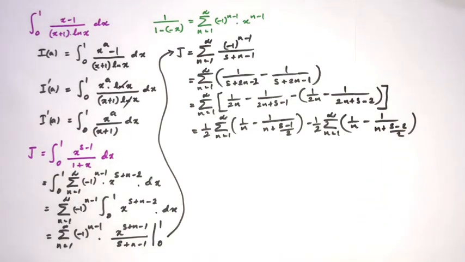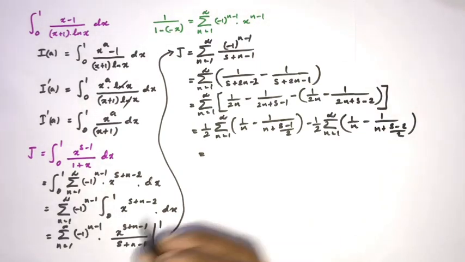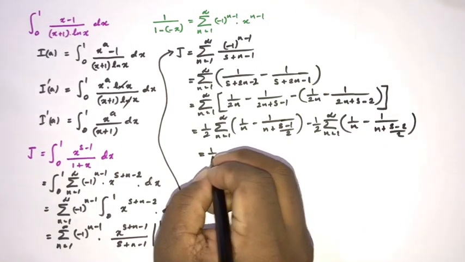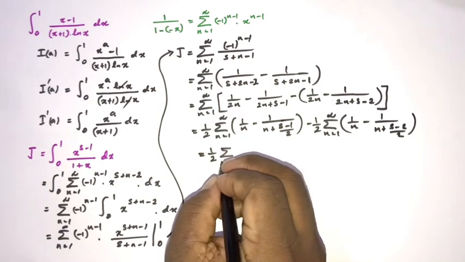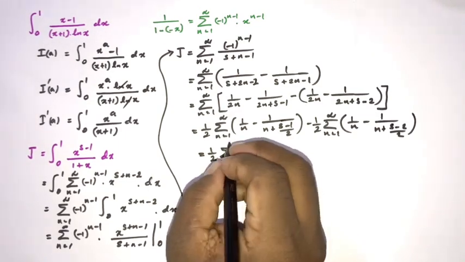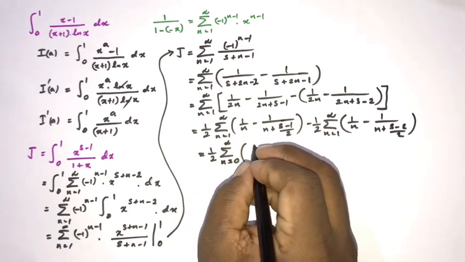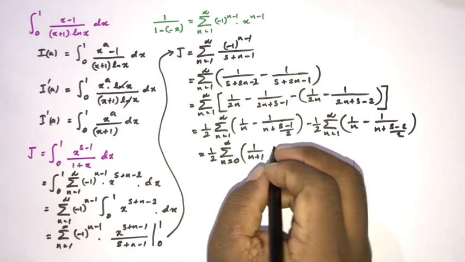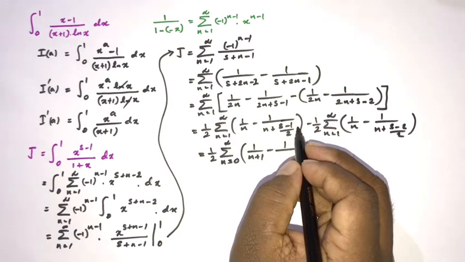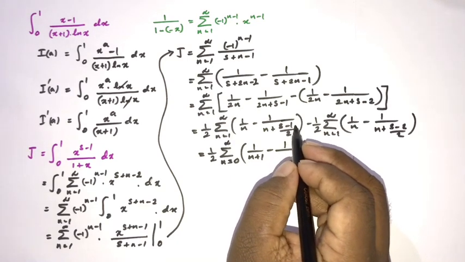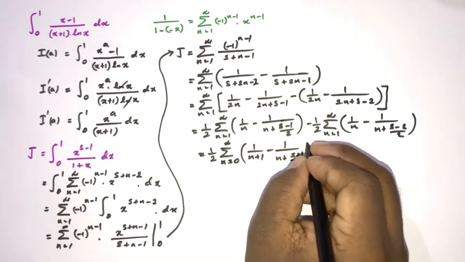Okay, then I am going to reindex, so 1 half. Now instead of 1 I am going to take 0 to infinity, so n will be n plus 1, so 1 over n plus 1 minus 1 over n plus 1 plus (s minus 1) over 2, so n plus (s plus 1) over 2.